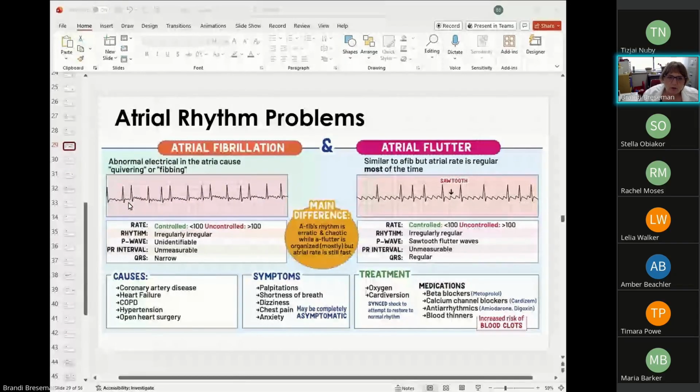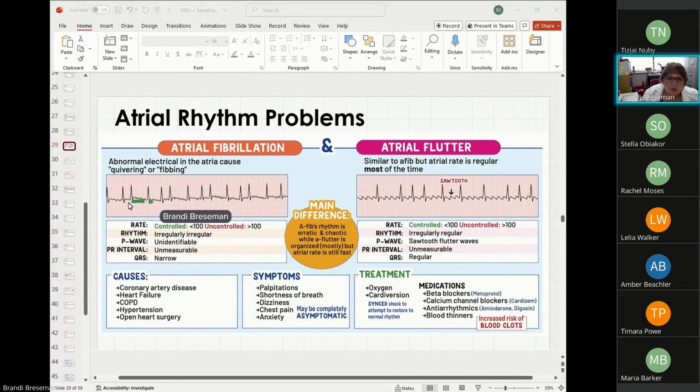If you look at where your P wave should be, what you will see is all these little squiggly lines or P waves, right? I'm trying to get it thinner. But do you see all of those little squigglies?